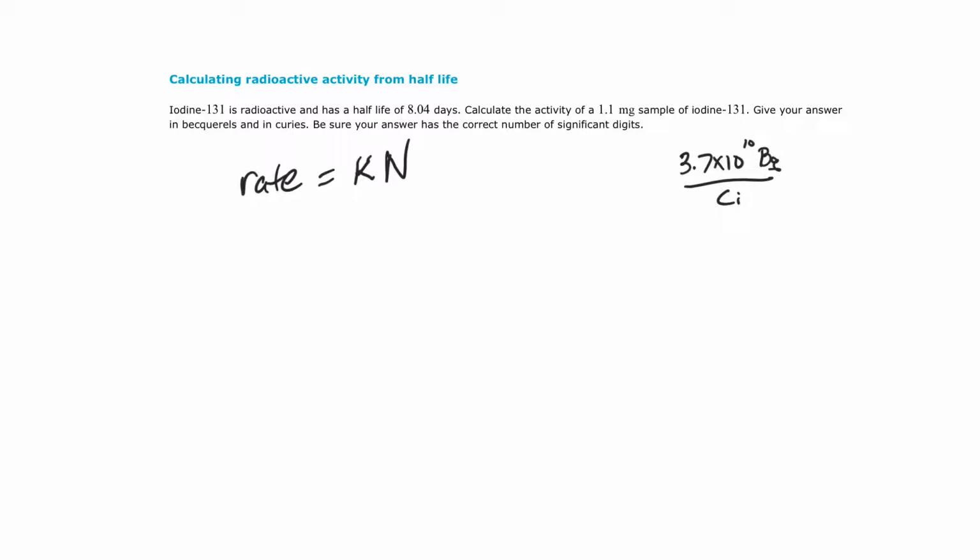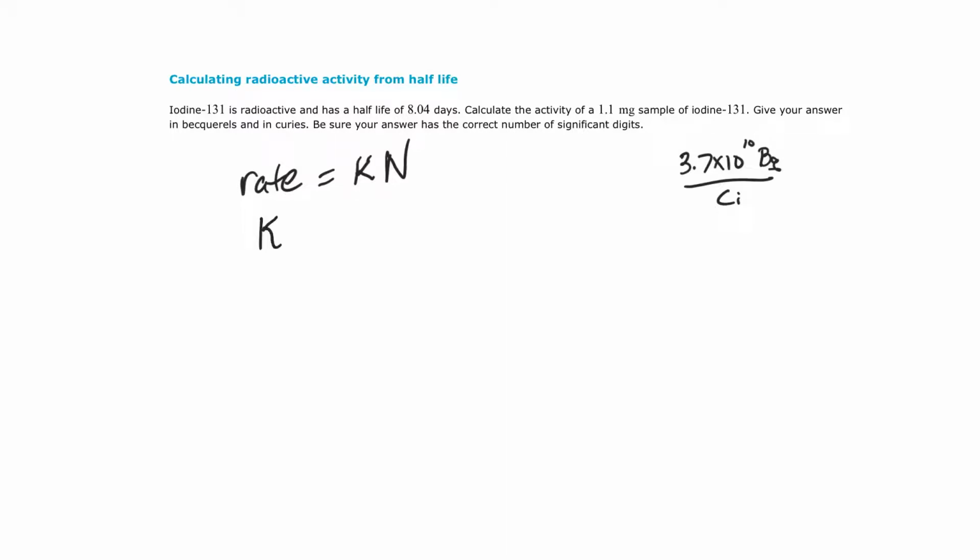How many things are spitting out stuff? The rate is based upon the rate constant times the number of radioactive atoms you have. So let's find out how many radioactive atoms we have, and then we'll find out what our rate constant is.